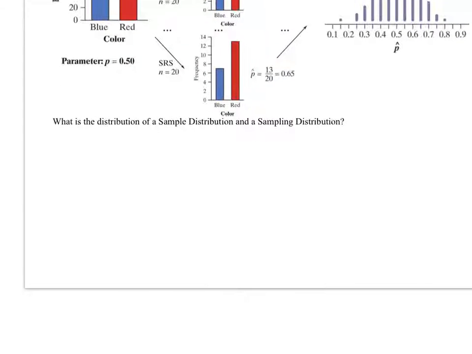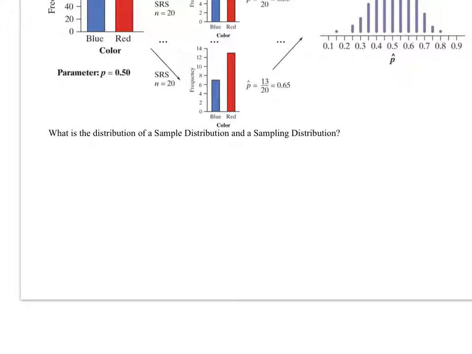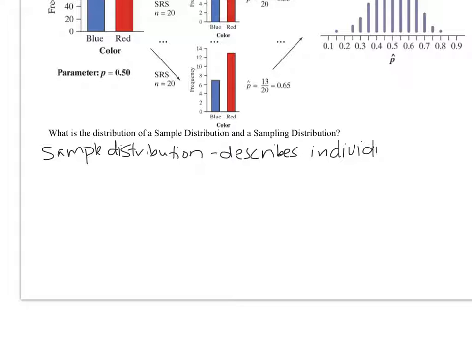So, one thing we have to keep in mind is that the distribution of sample data basically describes individuals. Right?